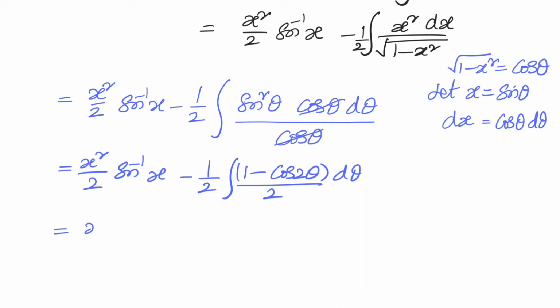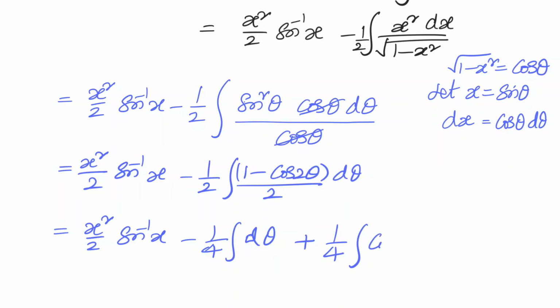We will have x square by 2 sine inverse x minus 1 by 4 integral of d theta plus 1 by 4 integral of cos 2 theta. Now we know integral of d theta is theta, and theta is sine inverse x.